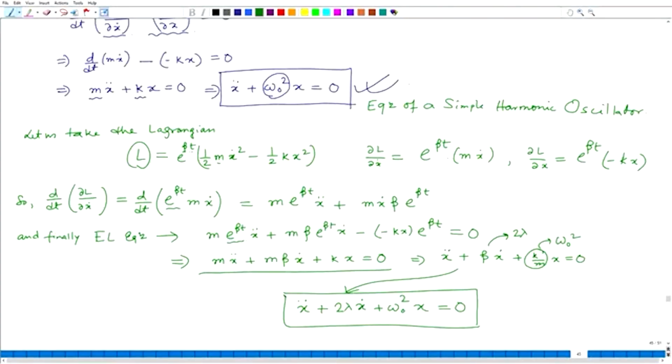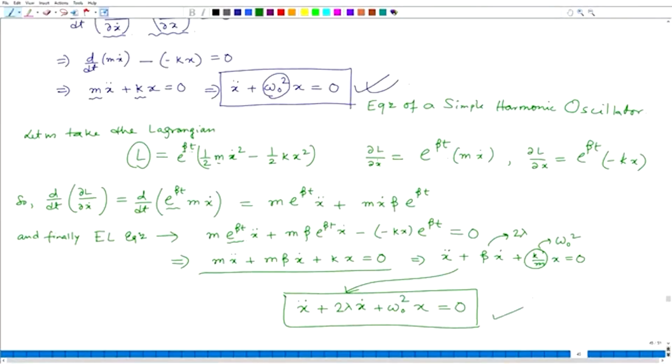Here the first thing is that your del L del t is no longer equal to 0, and that is the first indication you have that maybe this is not the system where T plus V is conserved. This is quite understandable, because for a damped harmonic oscillator, the total mechanical energy is not conserved, because this is not a conservative system.